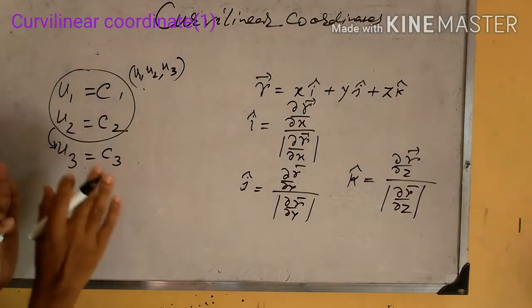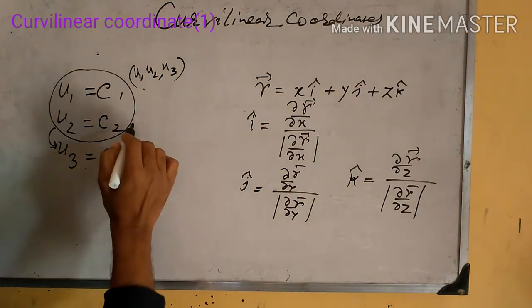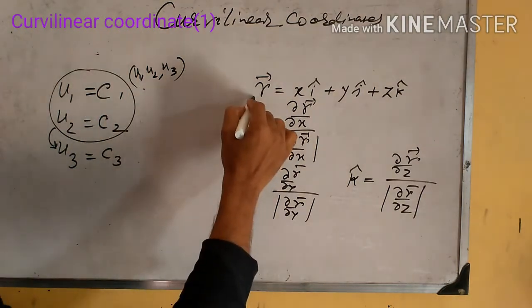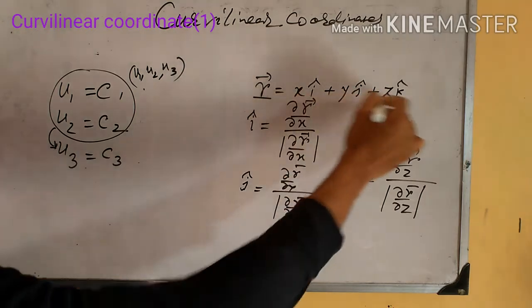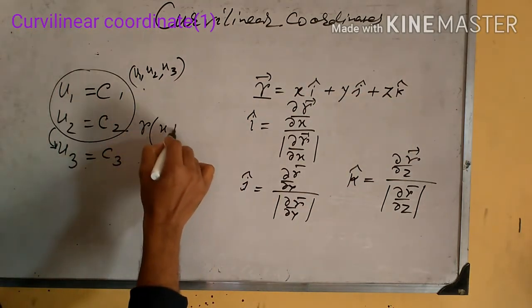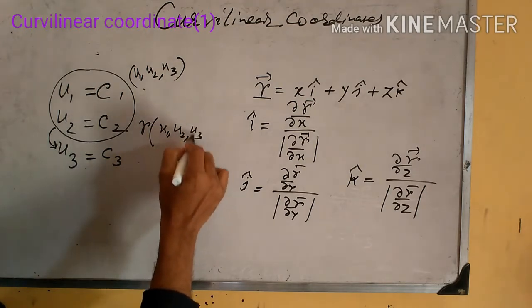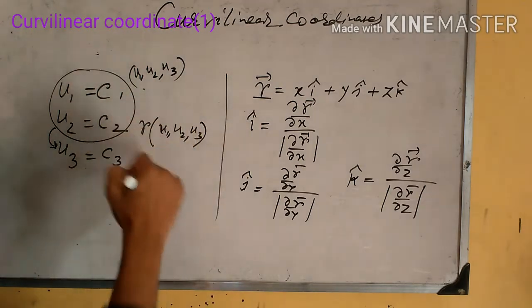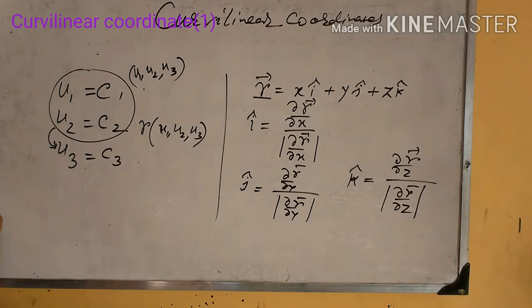So in general, if we take r as a function of x, y and z, here we take r as a function of u1, u2 and u3 in our new coordinate system, which we have taken arbitrary.